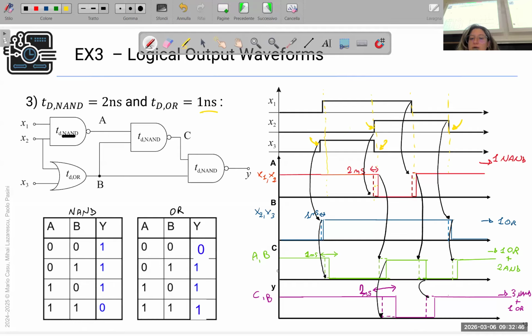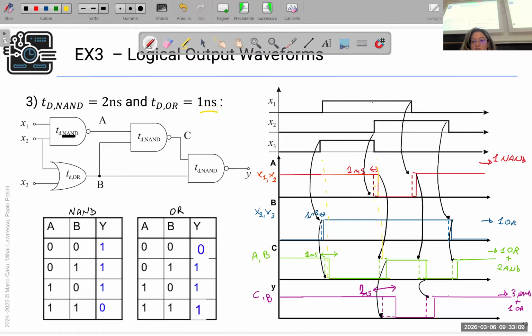Okay. Now, in the same way, let's see what happened for the last case, C. For C, we have to take A and B. So here there is a transition.